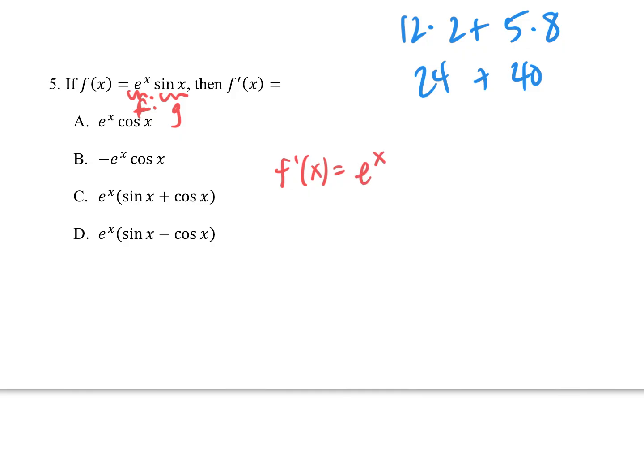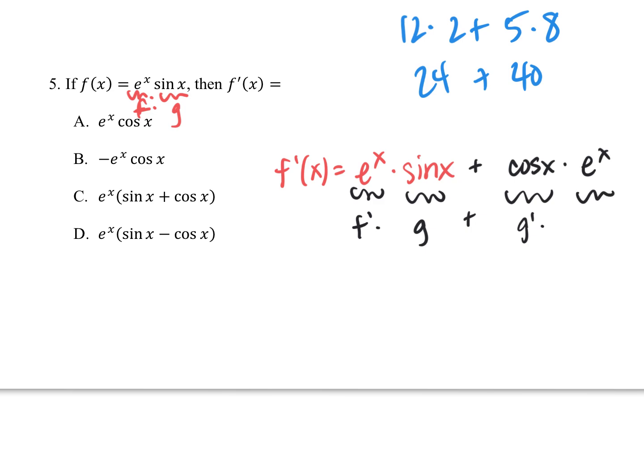E to the x. Times G. What's my G? Sine of x. That right there is F prime G. F prime times G. Plus G prime, derivative of sine. Cosine, that's G prime, times my F function, e to the x.